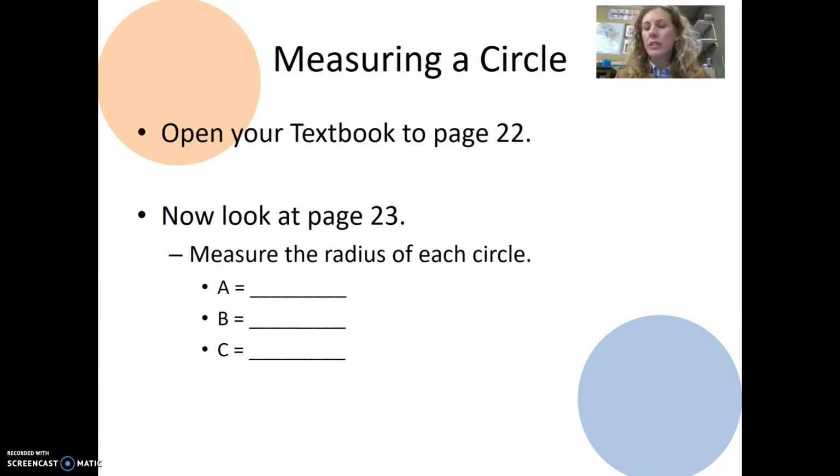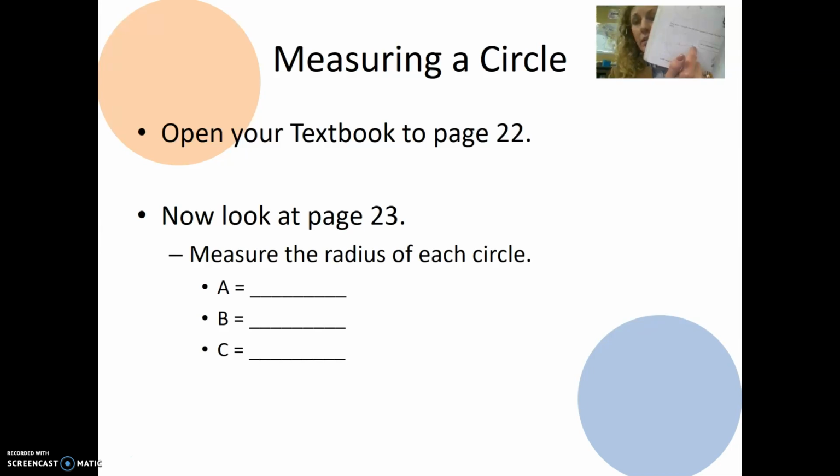So you can go ahead and look at page 22, study it and look at what it's got drawn there. The point is that we're looking at diameter and radius. If you can see on my textbook right here, I've got this line from one side to the other, line segment MP.